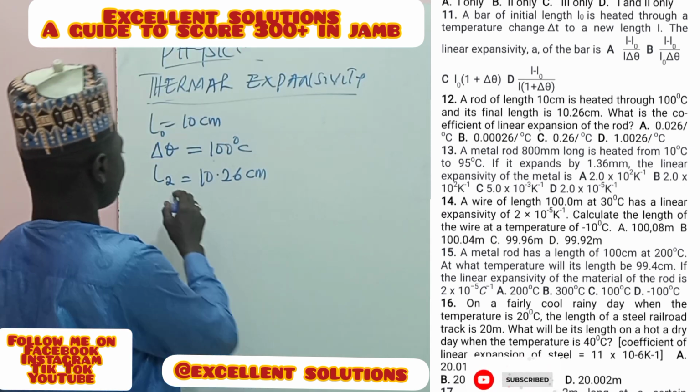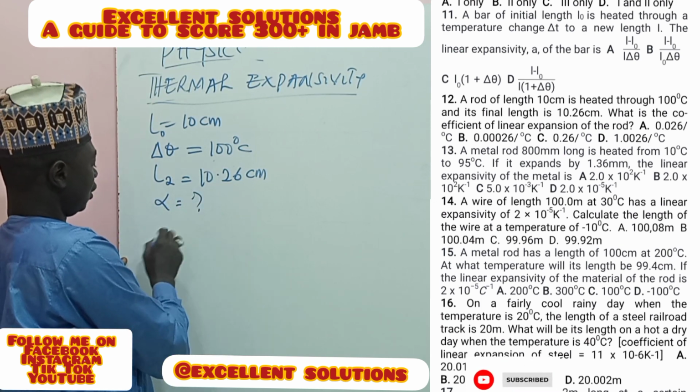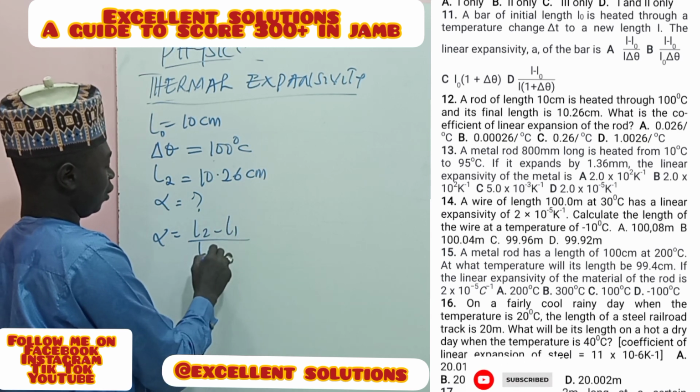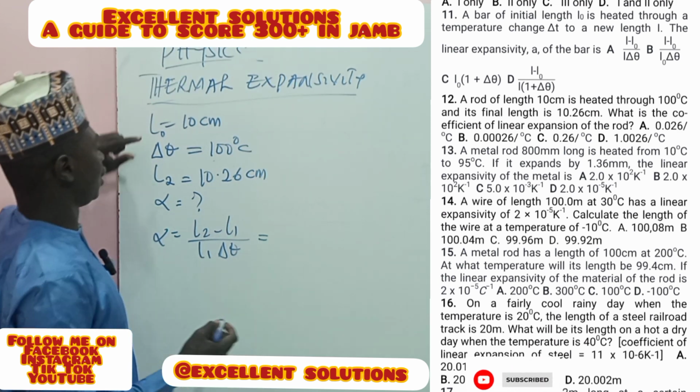The question asks us to find alpha, which we know alpha is equal to L2 minus L1 over L1 delta theta. So this is now the same as our L2.